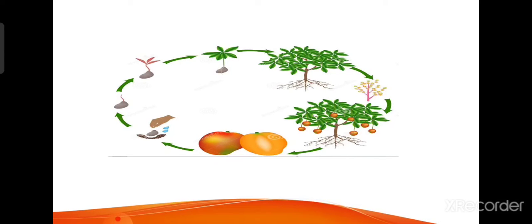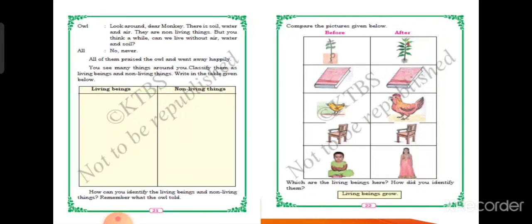From that plant you can see flowers, you can see small unripened mangoes coming out. Then later, after this tree becomes big, it grows and a beautiful and tasty mango comes out.